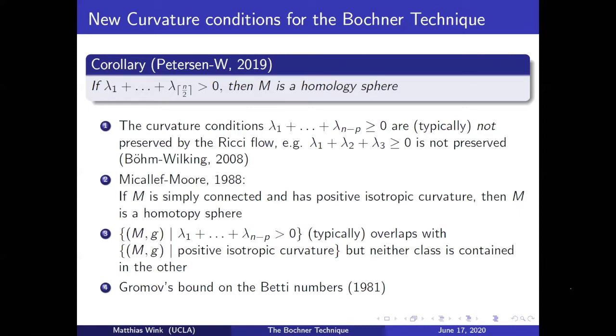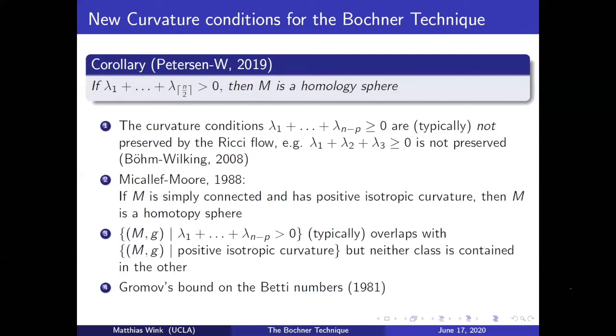Okay, so to check that our curvature conditions really are different, we should compare it to positive isotropic curvature. And indeed, typically, unless we're in small dimensions and we pick p in an unfortunate manner, our curvature condition lambda 1 plus and so on plus lambda n minus p positive is different from positive isotropic curvature.